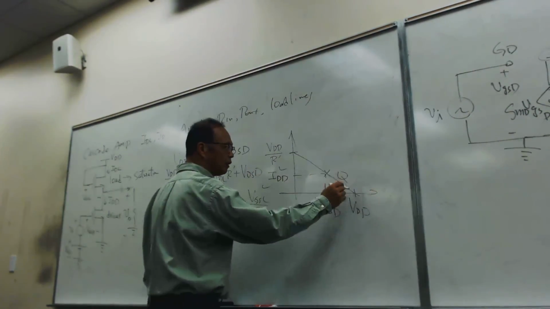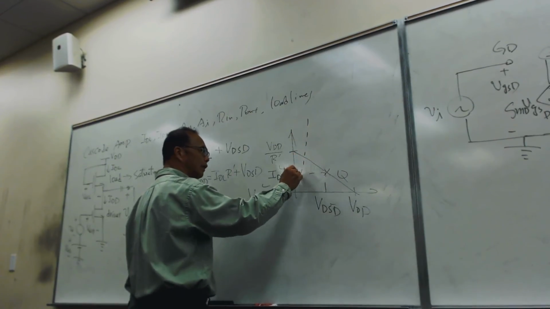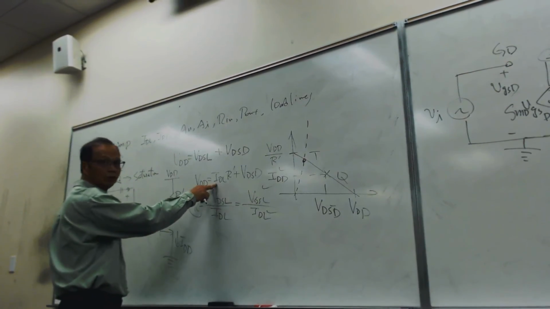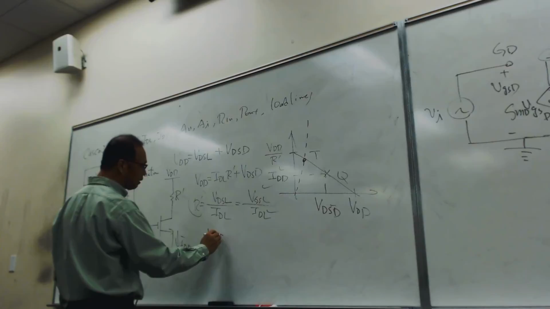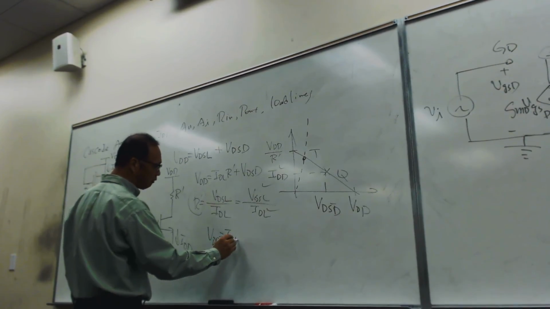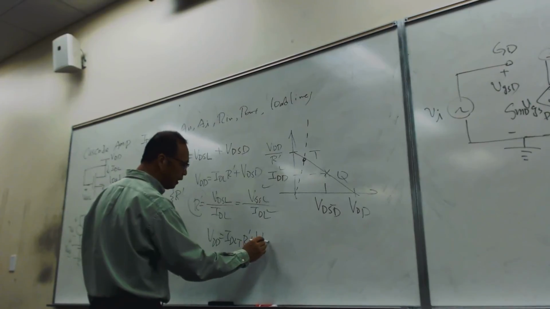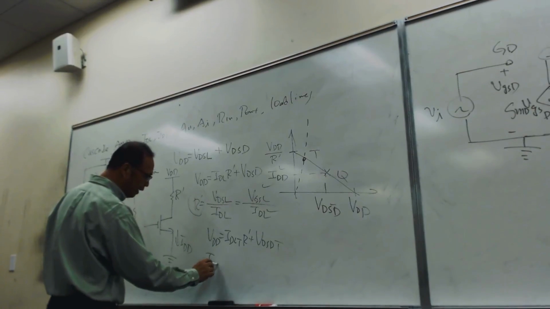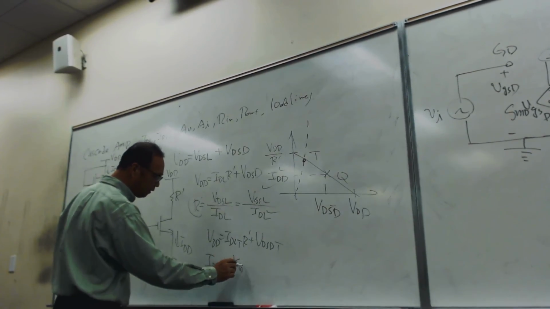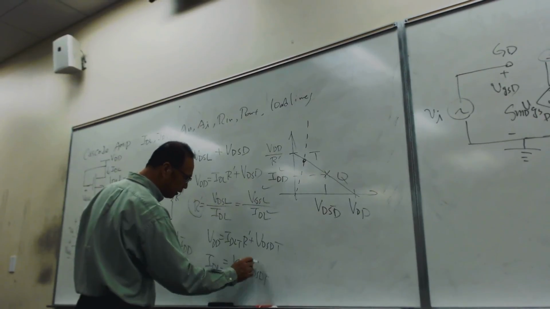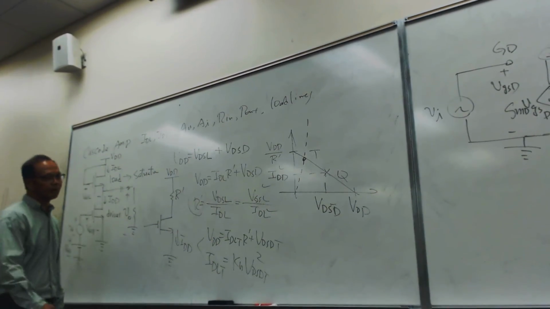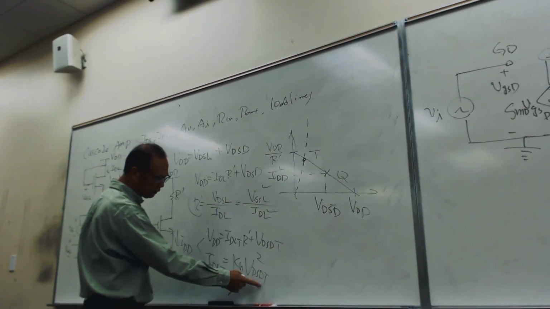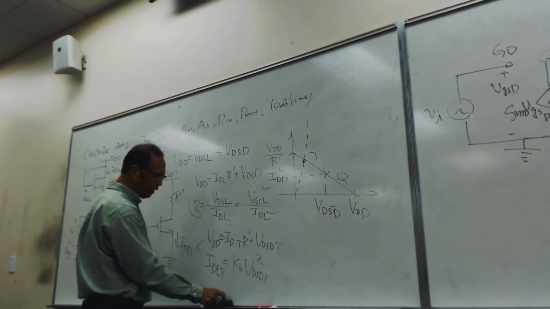So the Q point can be found, and then you go ahead and find the P point. The P point uses the same equation: VDD equals ID at P times R prime plus VDS at P, and ID at P equals Kn VDS at P squared. These two equations allow you to calculate ID at P and VDS.